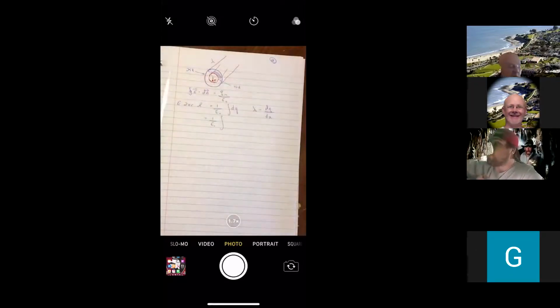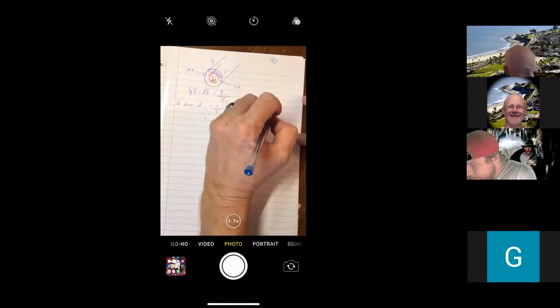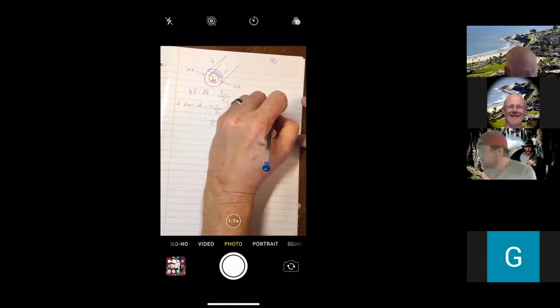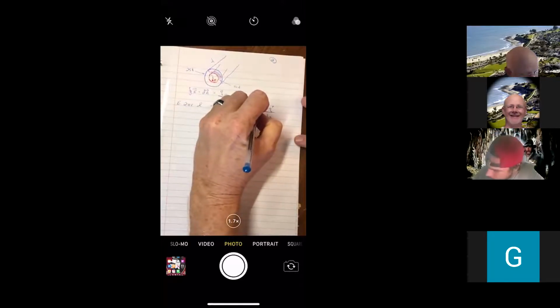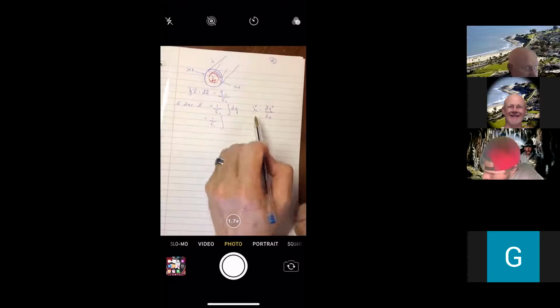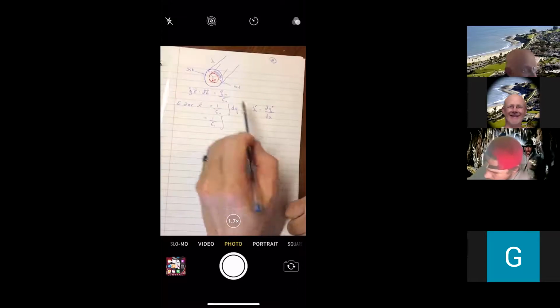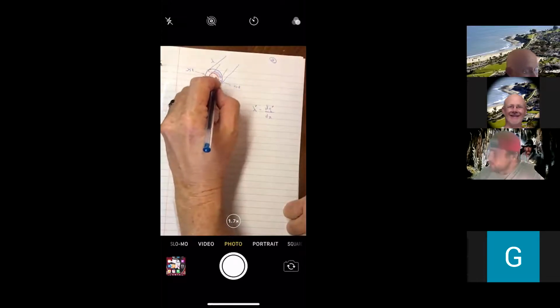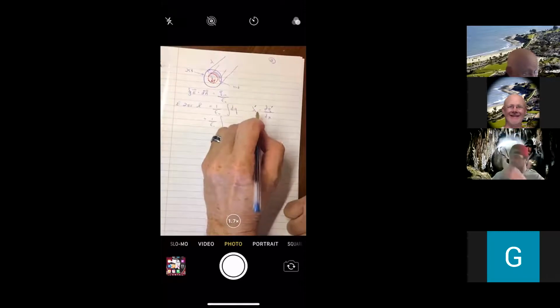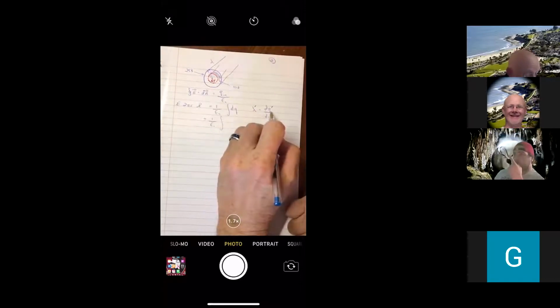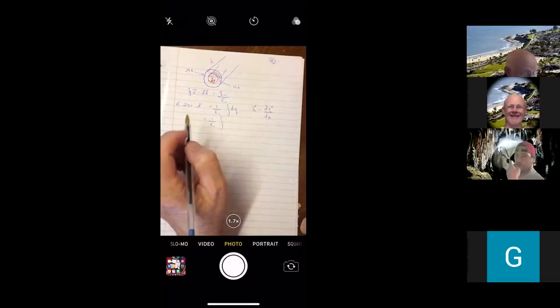This is some smaller amount, like a dime size. So maybe I'm going to put a little prime here and say, so this is the charge per length on the dime. And then, of course, this would be the charge on the dime.